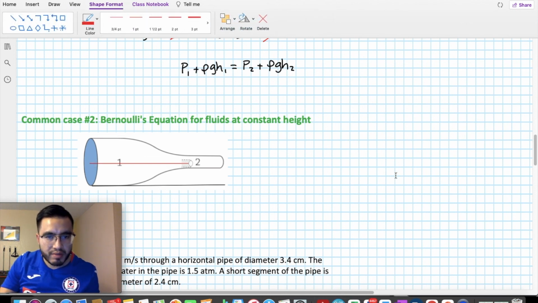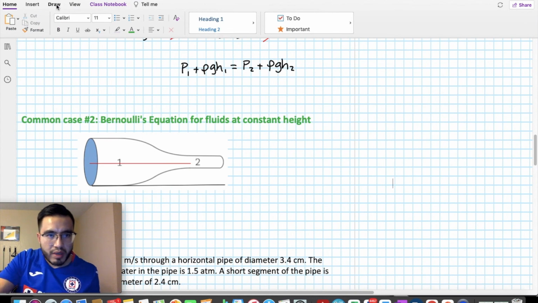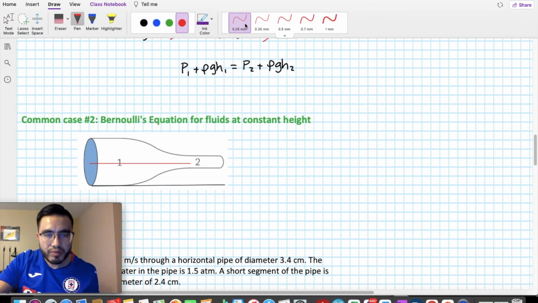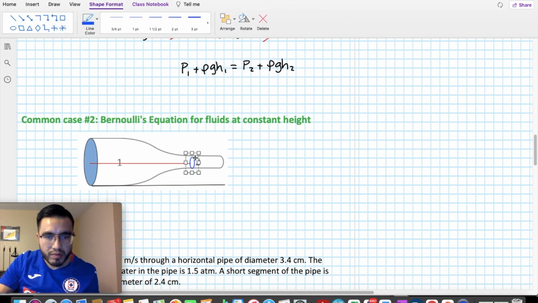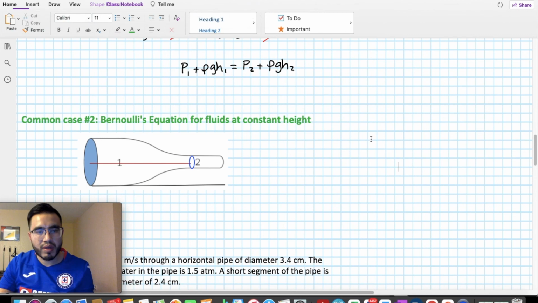I think this is straight, okay? Then I will add the cross-section area over here. A little bit more. There you go. Okay, that's my cross-section area too.